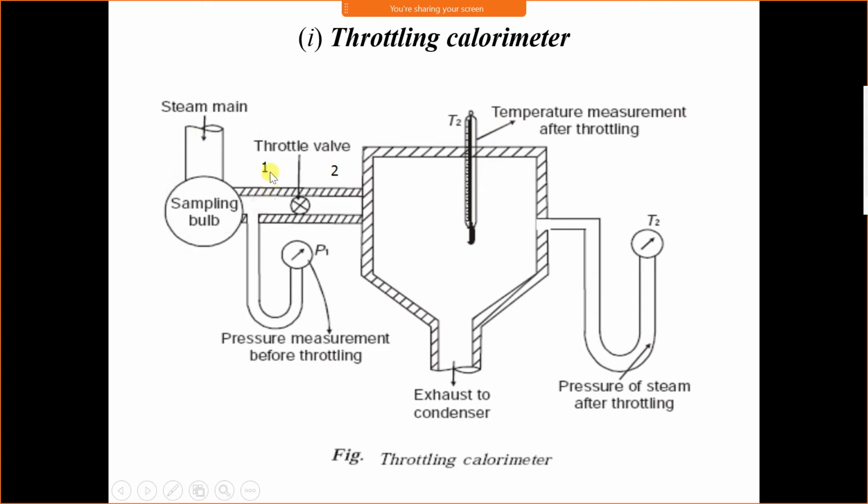Now in region 1, we can calculate enthalpy with the help of the steam table, and in region 2, we can also calculate enthalpy with the steam table. But in region 1, we need only pressure or temperature. From subcooled water to dry steam, we require either pressure or temperature to calculate enthalpy.